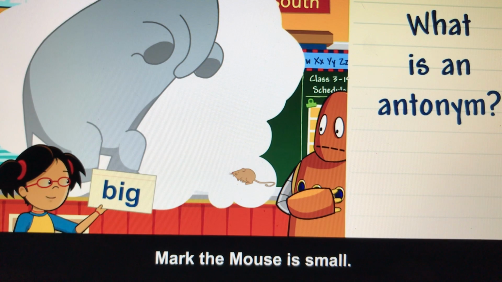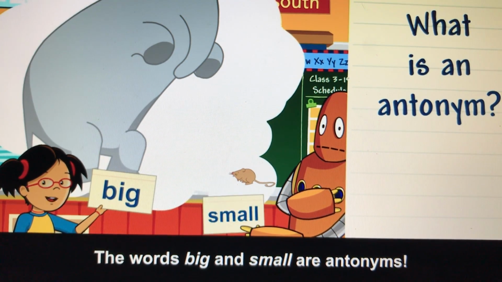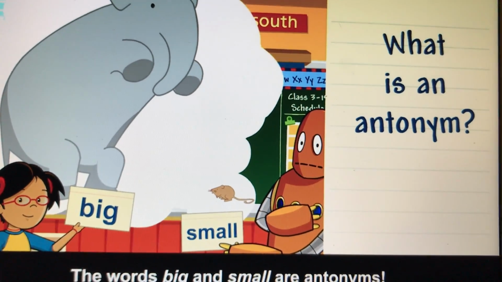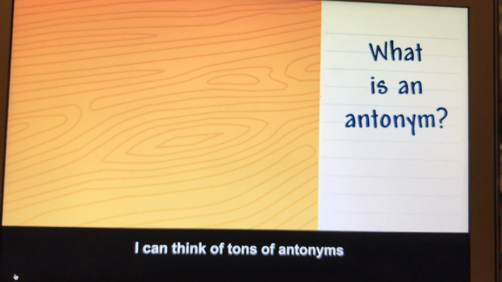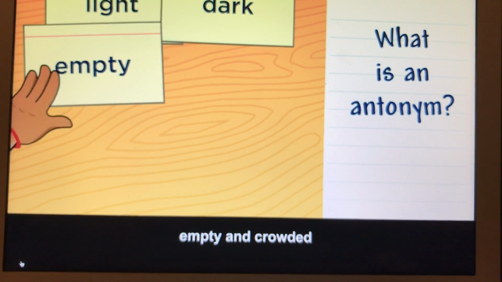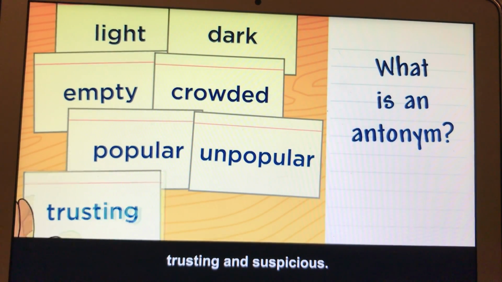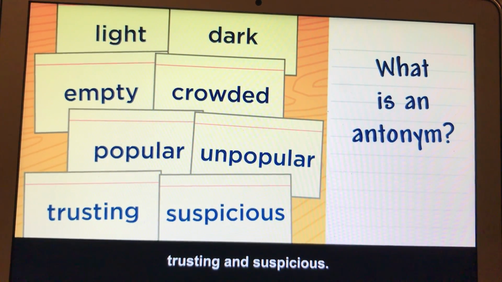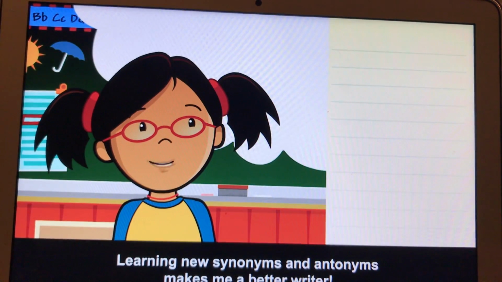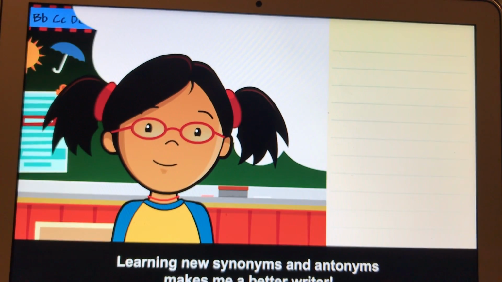Mark the mouse is small. The words big and small are antonyms. I can think of tons of antonyms, like light and dark, empty and crowded, popular and unpopular, trusting and suspicious. Learning new synonyms and antonyms makes me a better writer.